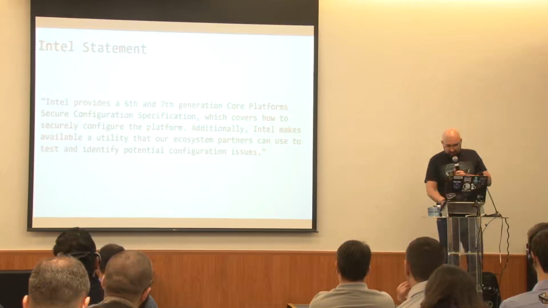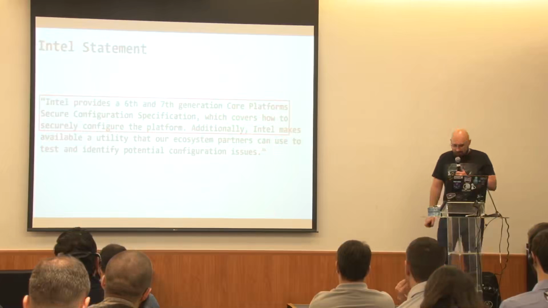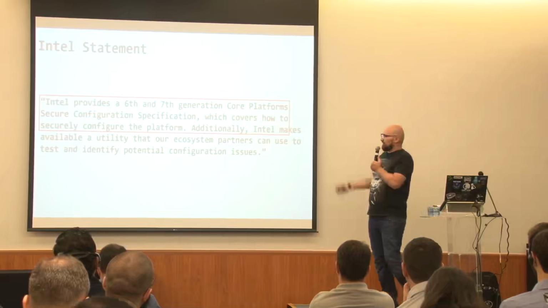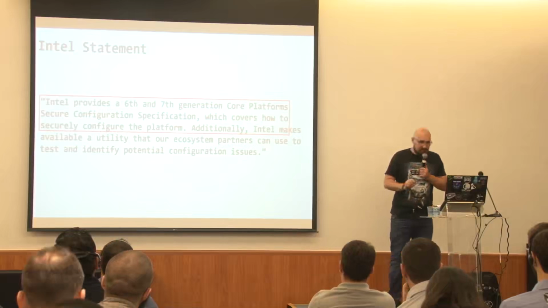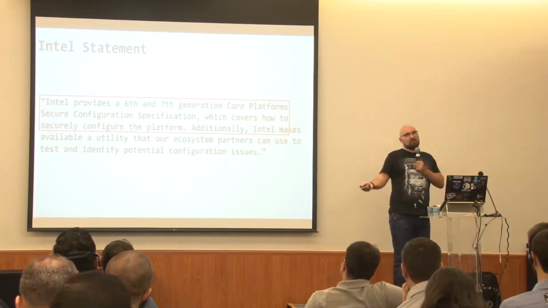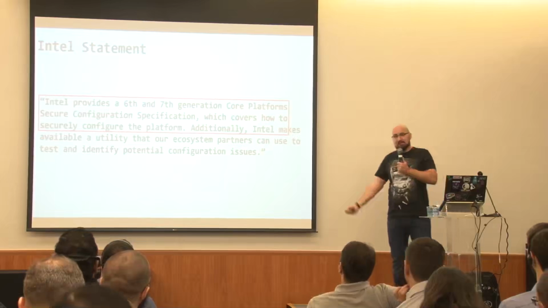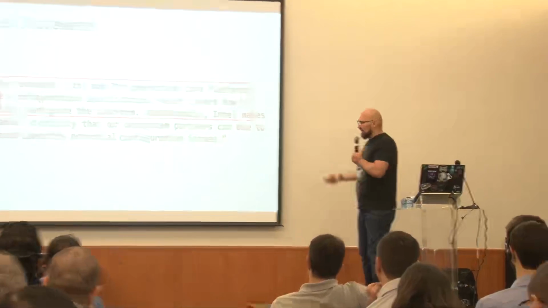So here's the Intel statement, which Intel PSIRT sent to me before my presentation, and they provide some requirements to the hardware vendors. They clearly say the root of trust should be locked inside the hardware, but not a lot of hardware vendors really care, right?